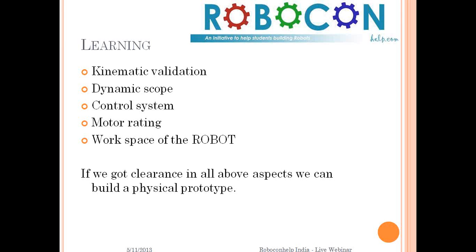Then I'll check on the dynamic scope. Are there lots of vibrations? Are lots of forces generating around? Is it showing any sudden fall or sudden jumps? And then we can see our control system. I have shown you how we can change some sine waves.